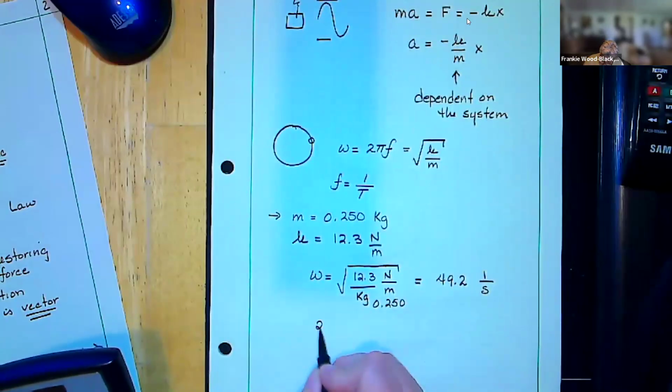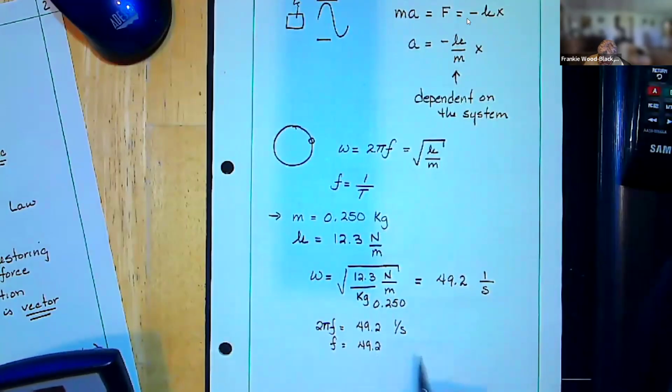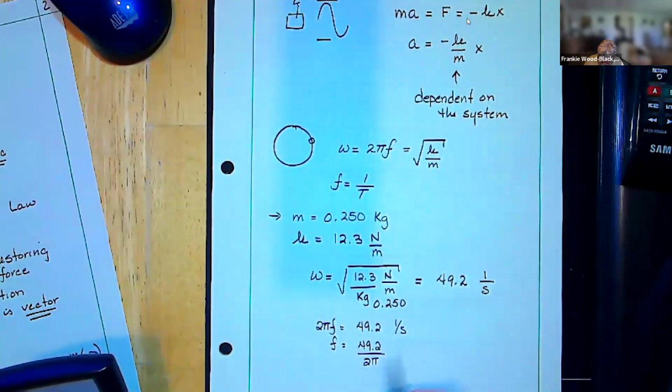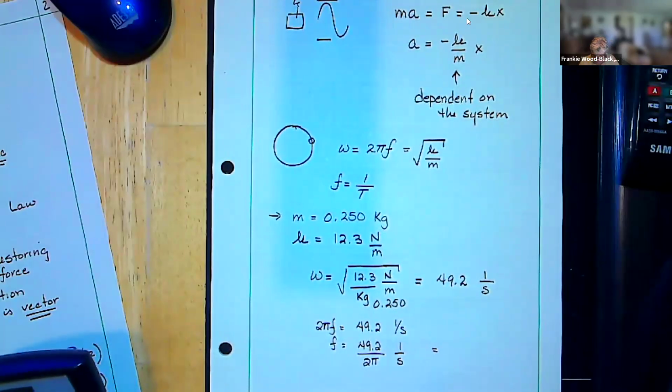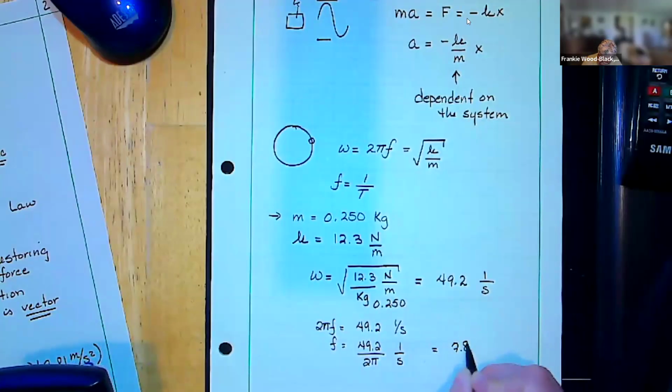So now if I do 2 pi, frequency is equal to 49.21 over seconds. Frequency is going to be 49.2 divided by 2 pi, 1 over seconds. Gives me 7.83.